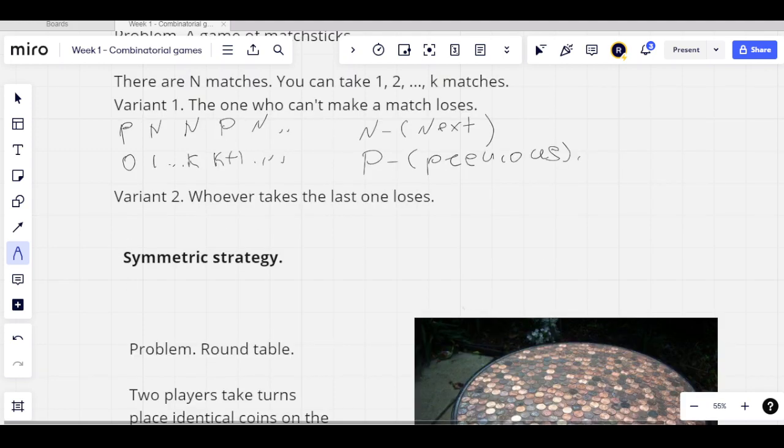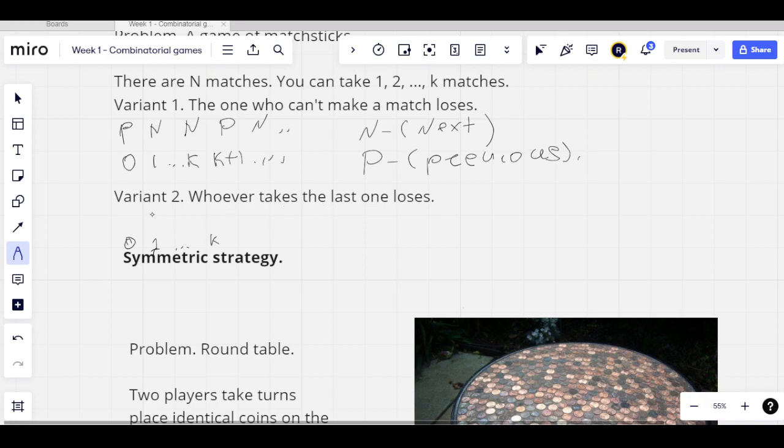Okay, second variant of this problem: whoever takes the last one loses.